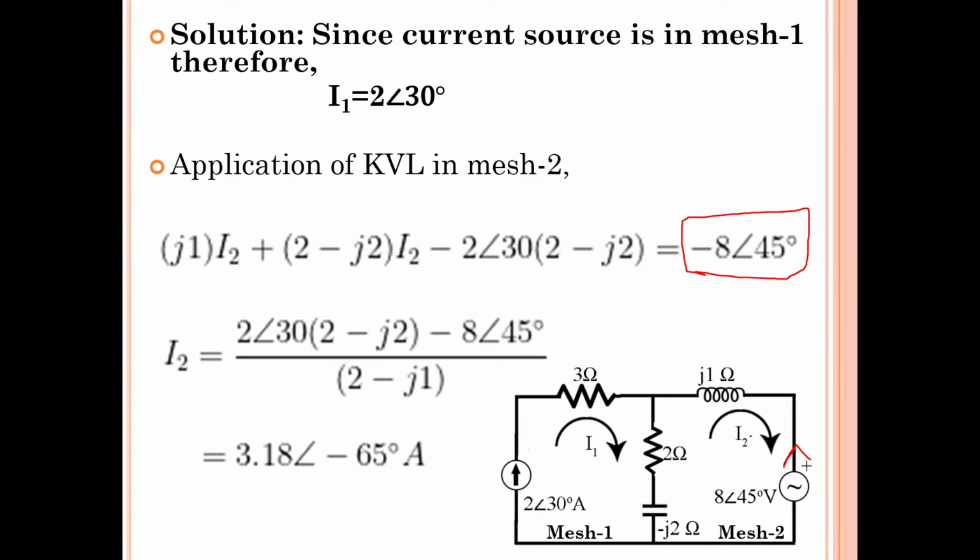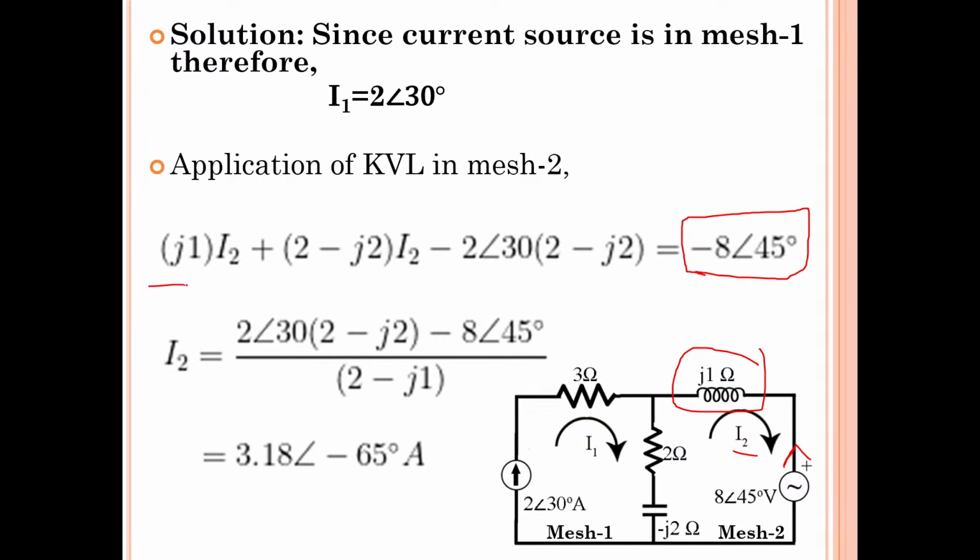Now what are all the elements that are available here? Inductive reactance is there, that is j1 ohm. So this reactance is multiplied by the I2 current. The current through the inductor is how much? I2 current.